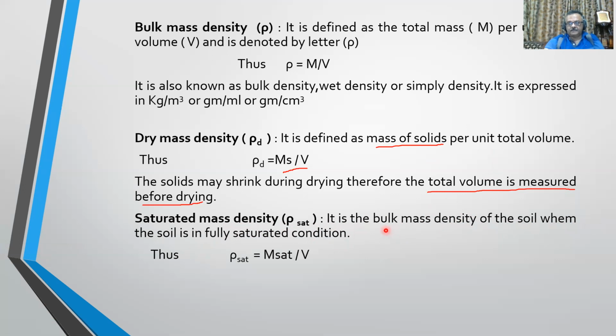It is the bulk mass density of the soil when the soil is in fully saturated condition. Because in that case you have to take the total mass of water also. And when the soil is fully saturated, the total volume means volume of water plus volume of solids.